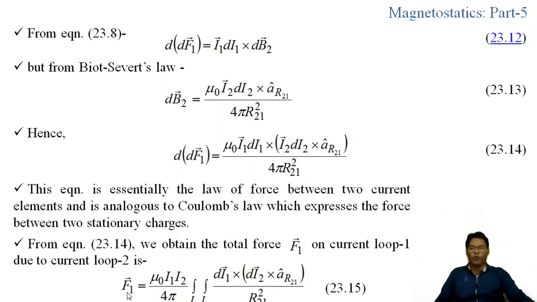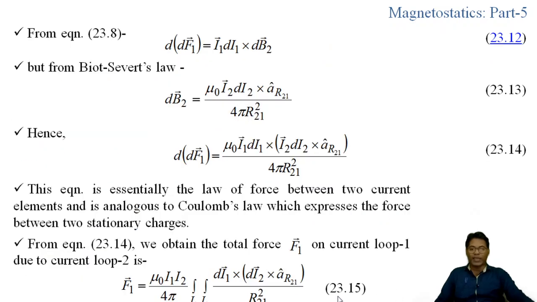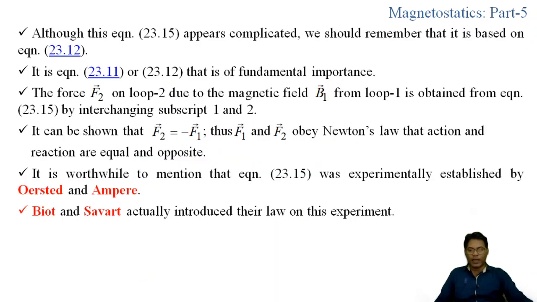So what we have seen is that the force on the current loop, due to the external magnetic field produced by current loop 2, can be written by expression 23.15. It looks very complex, but it will be easier if you study it step by step. So that is the force.